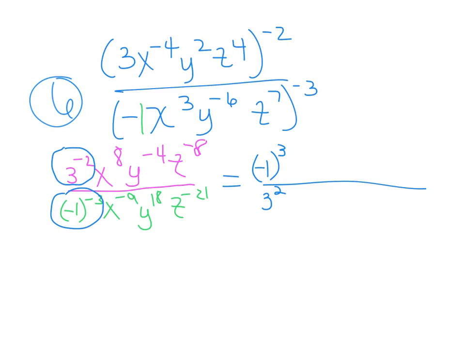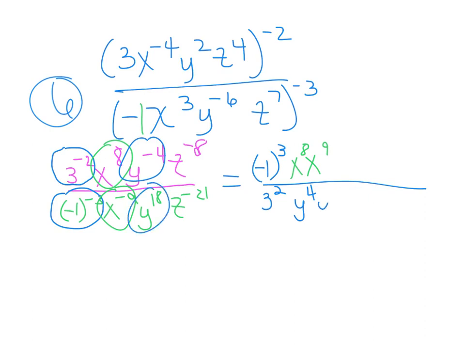Okay? All right, so now let's look at the x's. So x to the 8th has a positive exponent, so it's going to stay right where it's at. X to the negative 9th has a negative exponent. It's on the bottom, so it comes to the top. All right. Y to the negative 4th, what's it going to do? It's going to go to the bottom and become a positive exponent. Y to the 18th has a positive exponent.